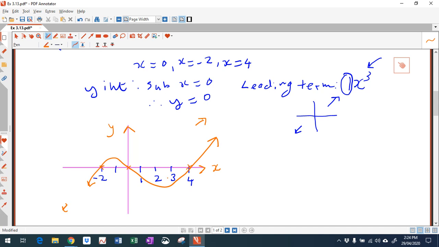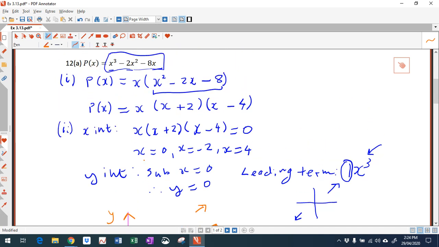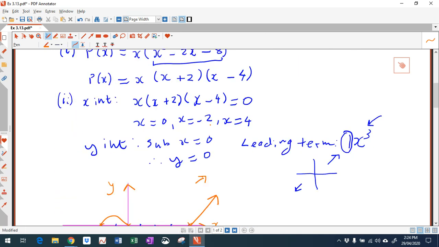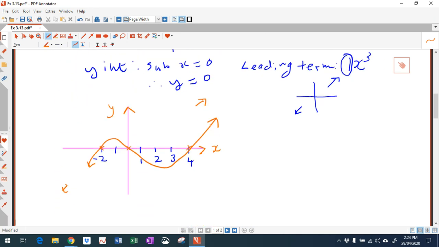Okay, so it does say describe its shape. So with shape, we're talking about concavity, aren't we? So you can see maybe that section there of your cubic roughly is concave down and the other section is concave up.